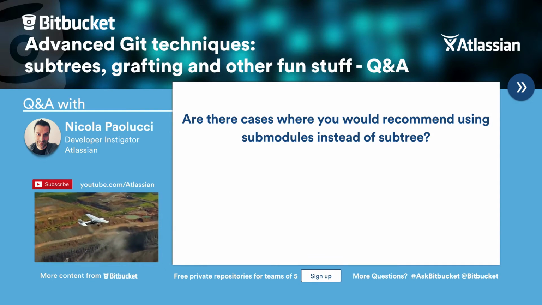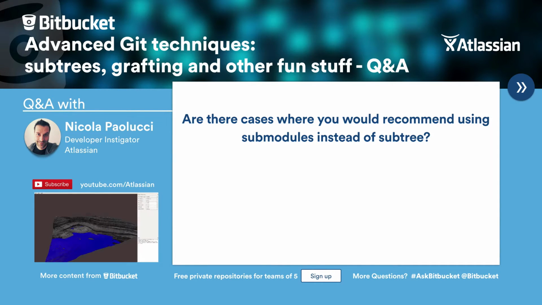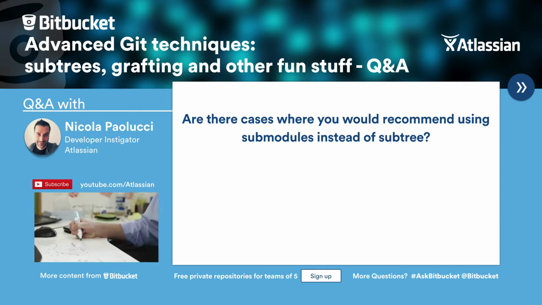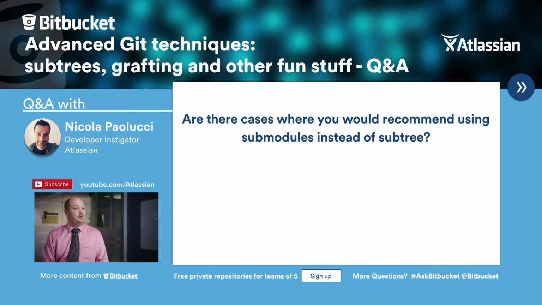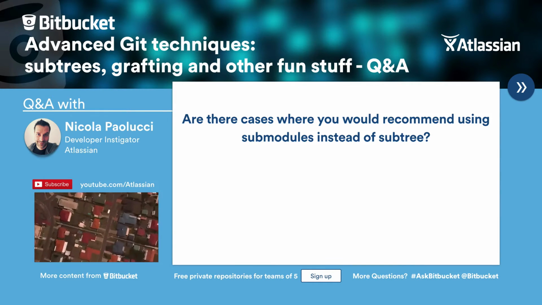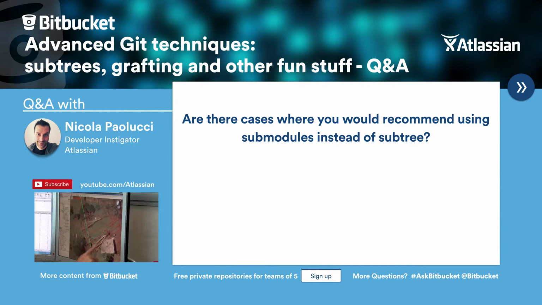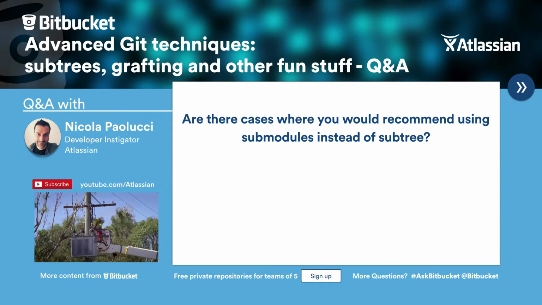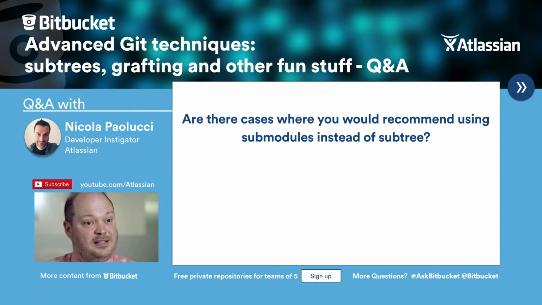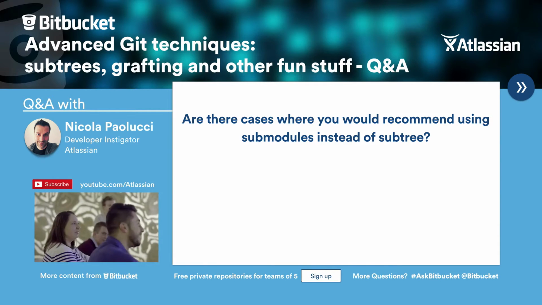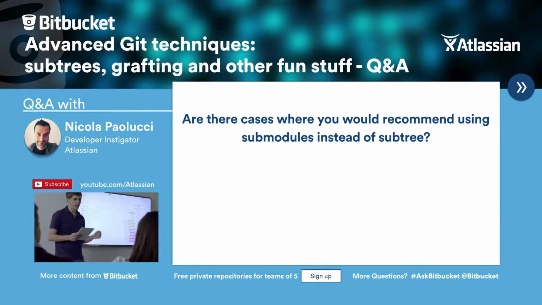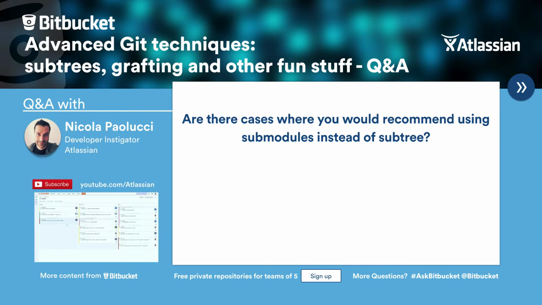My feeling, a personal opinion, is that Git submodules are slightly more complex to use. They require a little bit more commands, a little bit more management. And Git subtrees can be streamlined to a slightly more efficient number of commands. But this is a personal preference.